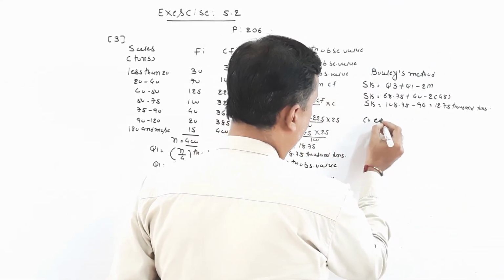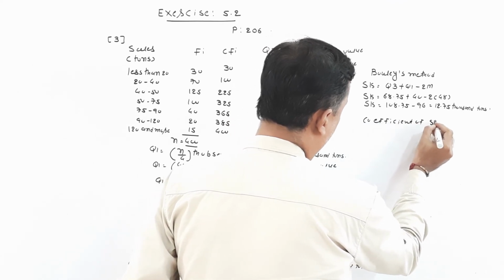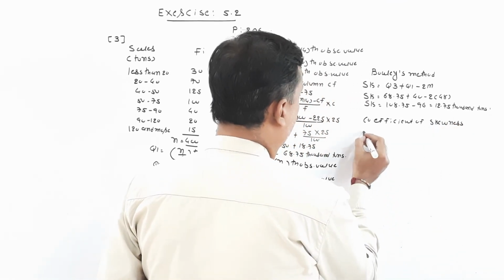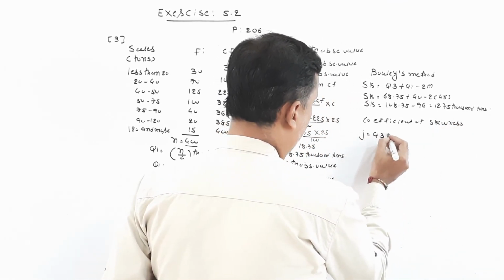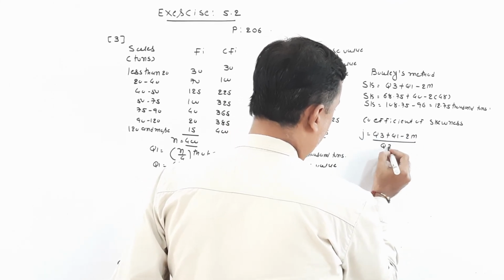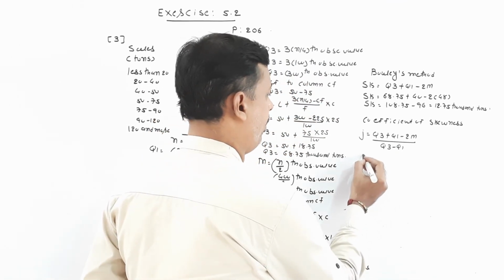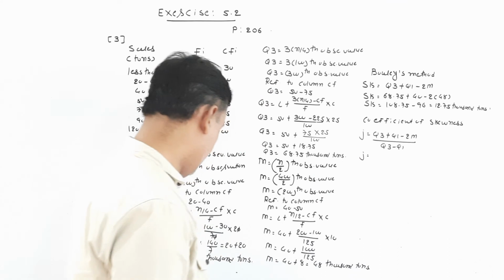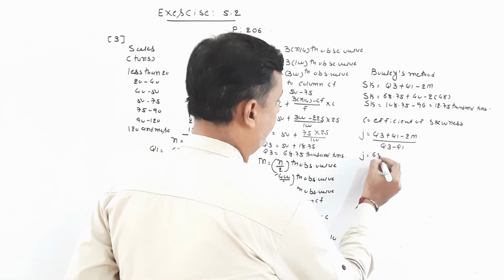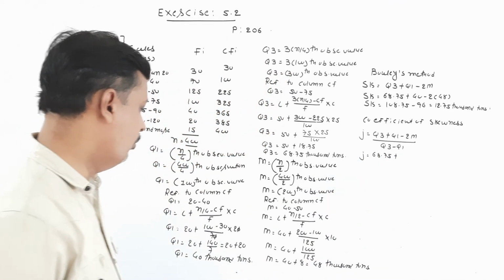Now coefficient of skewness, J is equal to Q3 plus Q1 minus 2M upon Q3 minus Q1. Q3, that is 68.75. Q1 40.